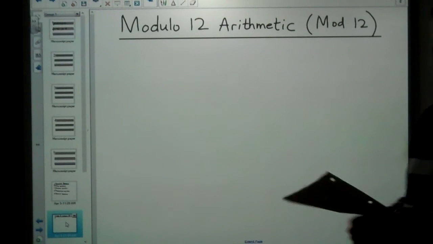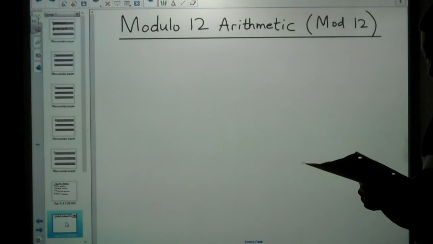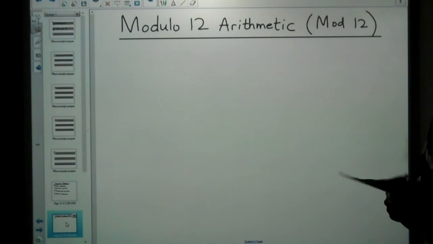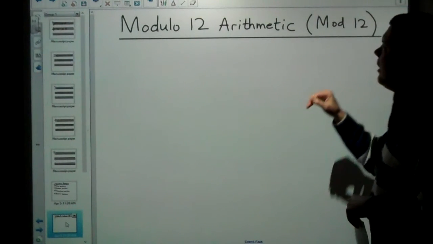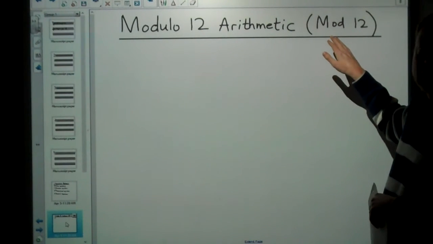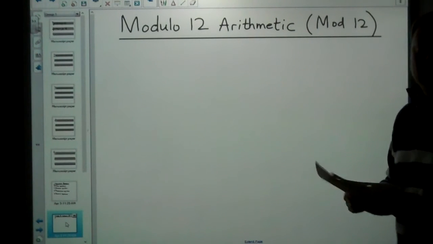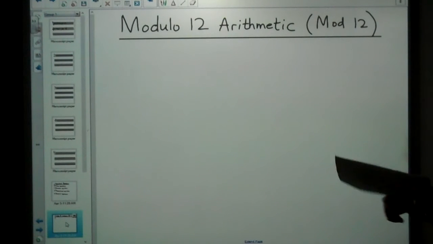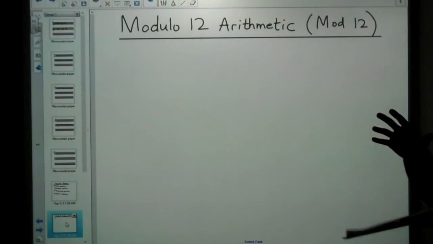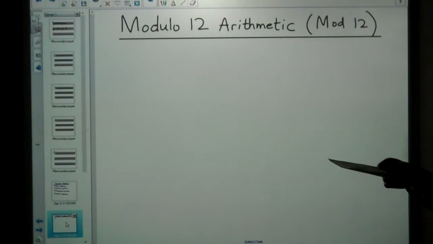We already know a little bit about, we're somewhat familiar, I should say, with modulo 12 arithmetic. By the way, modulo 12 arithmetic is usually abbreviated mod 12, M-O-D, and then 12, rather than writing out the whole name modulo 12 arithmetic. And it's based on groups and distances, so to speak, of 12.